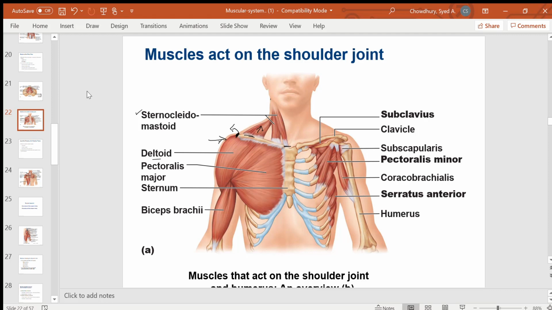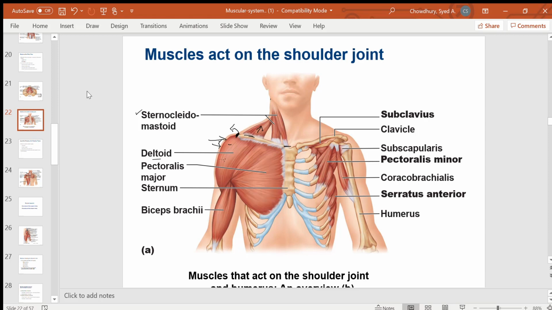Deltoid is the muscle located in the upper and lateral part of the arm. This muscle is pretty commonly used for intramuscular injection. And this muscle, since it is attached to the lateral side of the arm, always remember that a muscle moves the part towards it.